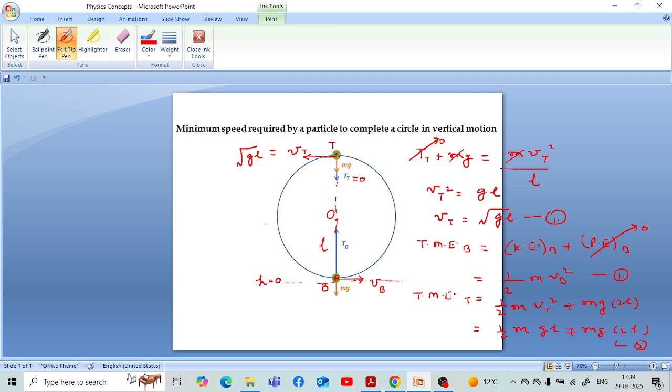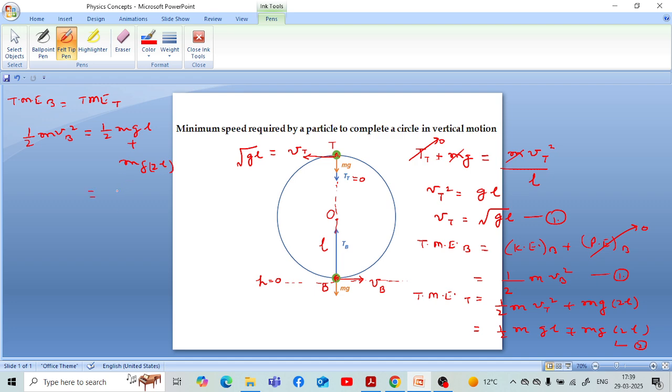Now equating equation 1 and 2, that is equating the total mechanical energy at point B to the total mechanical energy at point T, the bottommost point and the topmost point. So half m vb square is equal to half m gL plus mg into 2L.